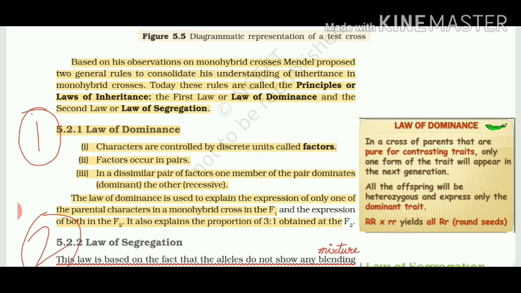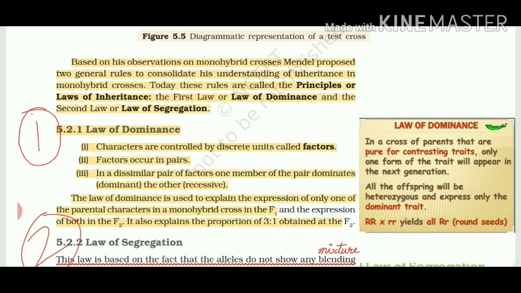In a dissimilar pair of factors, like capital T and small t, it will appear as tall but not as dwarf. Capital T represents dominance and small t shows recessiveness. So the law of dominance is very useful in identification of the parental characters, but only in the case of monohybrid crosses.